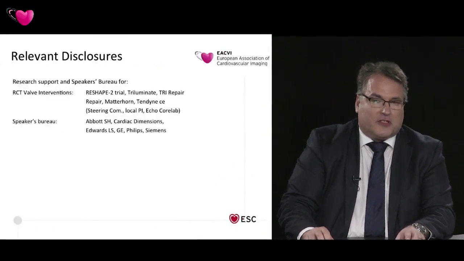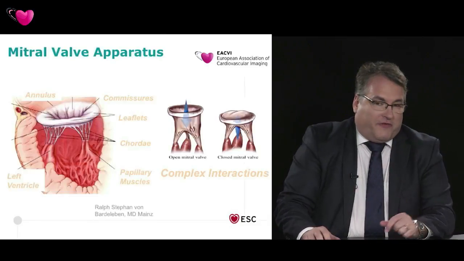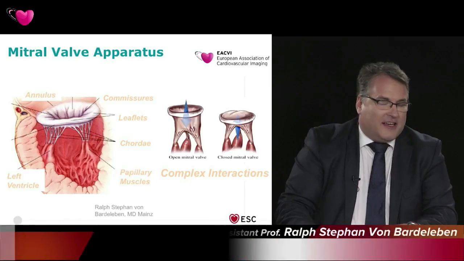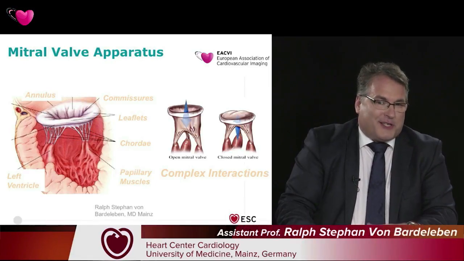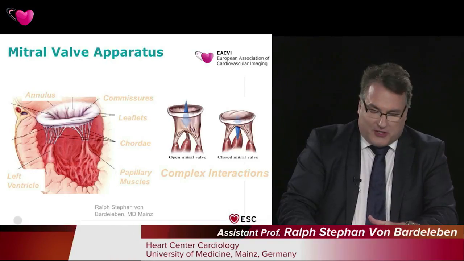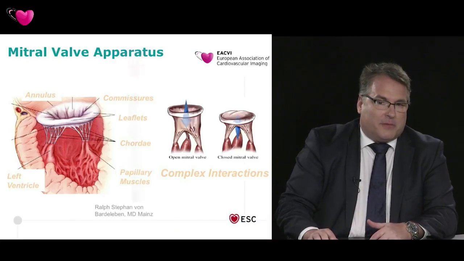Perfect. Okay, I would like to conclude now with part 3, which you already introduced in your talk, and which is the role of 3D echo in image fusion for interventions. These are my disclosures. As we've very well seen with your examples, and I was stunned by the A3 prolapse situation, we know that the mitral valve apparatus is a very complicated apparatus which is prone to three-dimensional depiction.